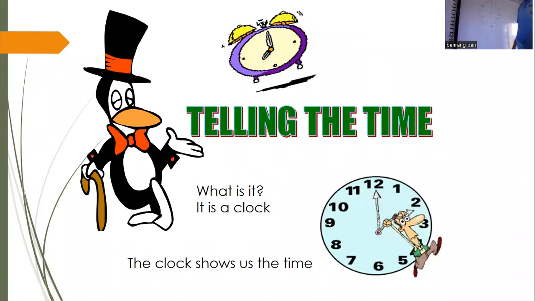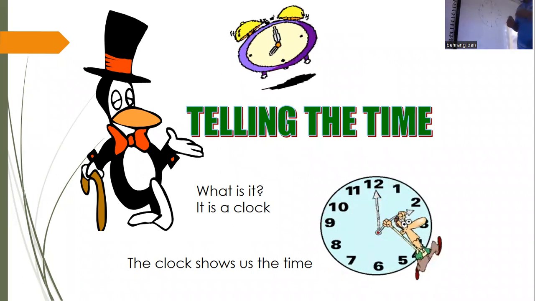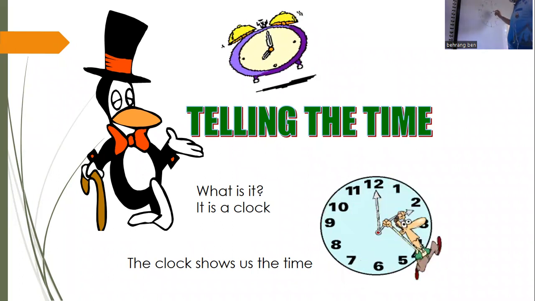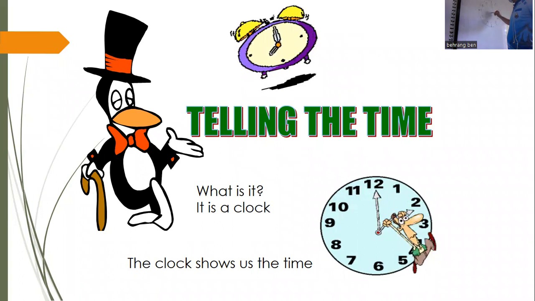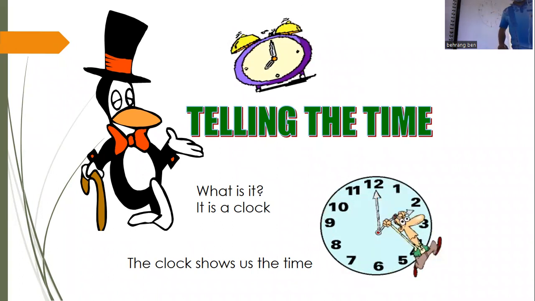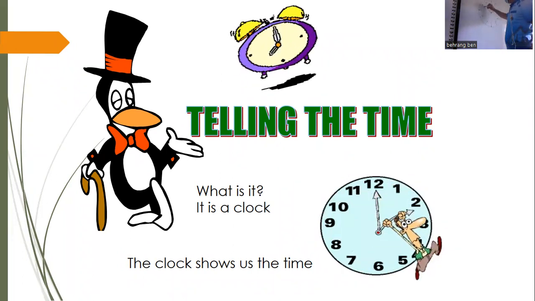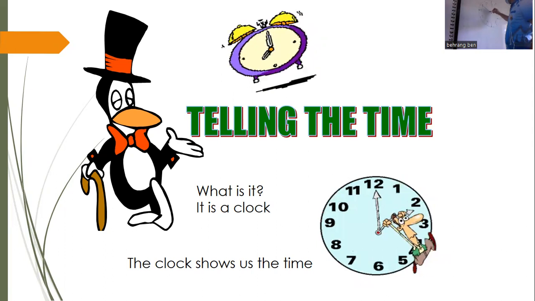All right. So pay attention. Every clock has 2 hands, and 1 is short. The short hand shows you what? It tells you the hour. One is the long hand.